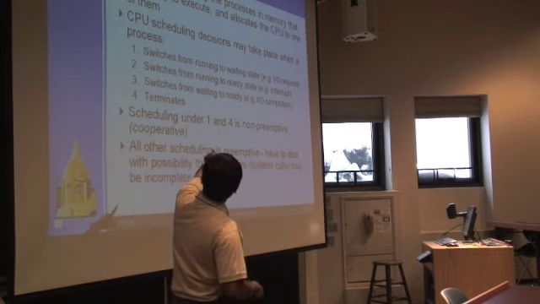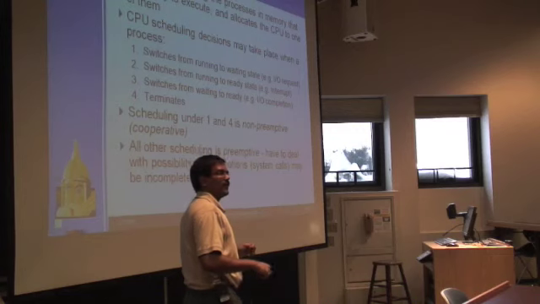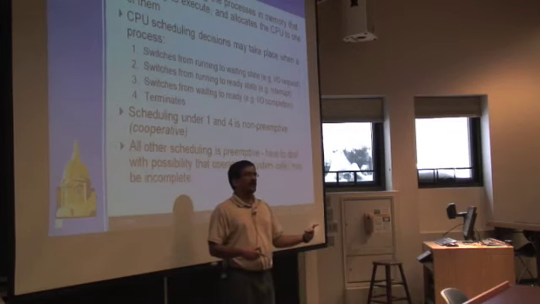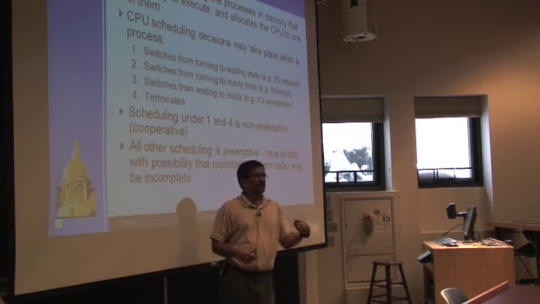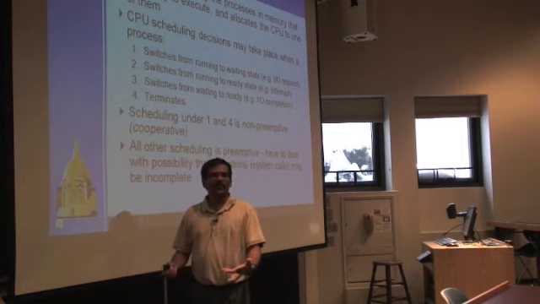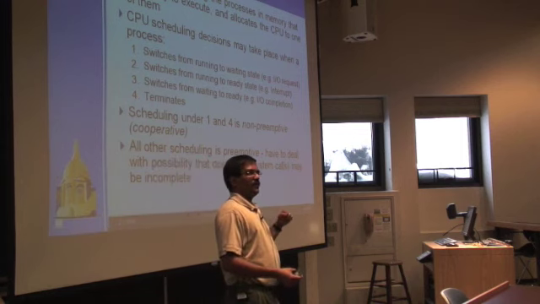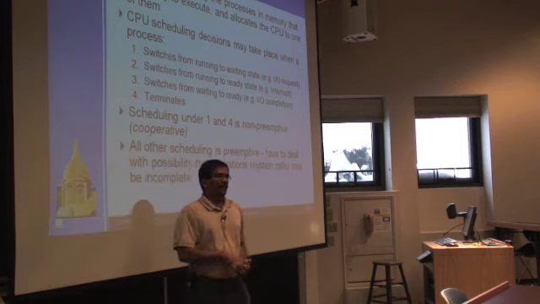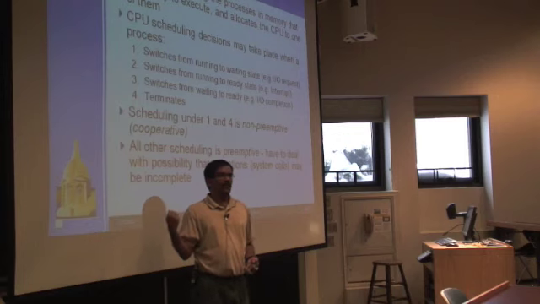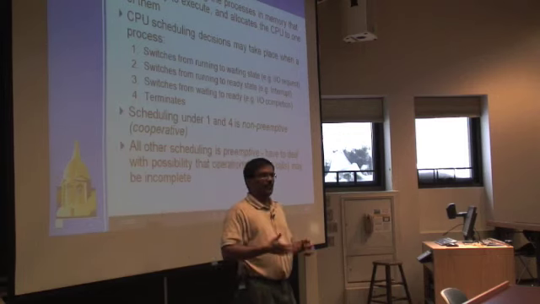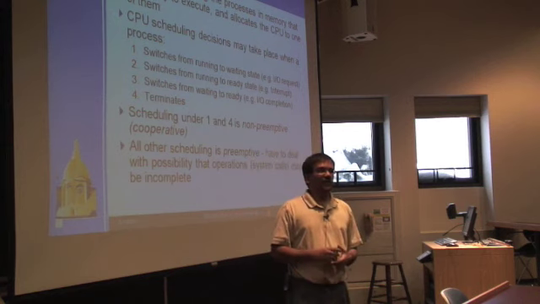So for example, case one is when you're switching from running to wait state. If you're running on a CPU and suddenly you need to do an I/O, you as a process decide that you need the input output. So you have to tell the operating system, I need to read a byte from the keyboard. At that point, if the operating system takes the CPU away from you, you won't notice because you already gave it up; you're waiting for the input output.